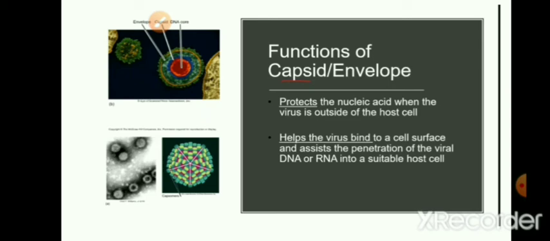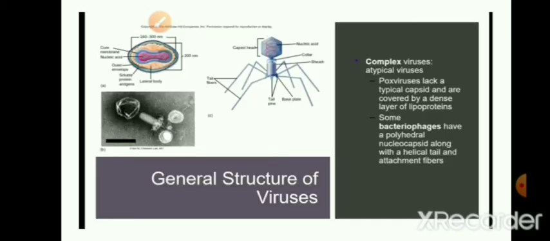The next is the function of the capsid and envelope. They protect the nucleic acid when the virus is outside of the host cell, help the virus bind to a cell surface, and assist the penetration of viral DNA or RNA into a suitable host cell. That is the function of the capsid and envelope, which protect the nucleic acid of viruses.